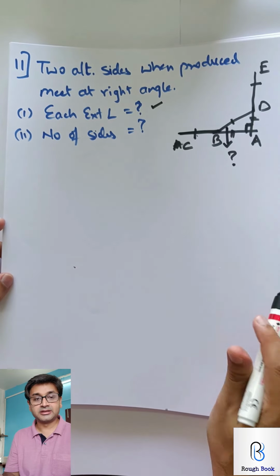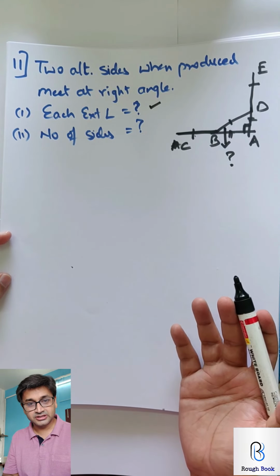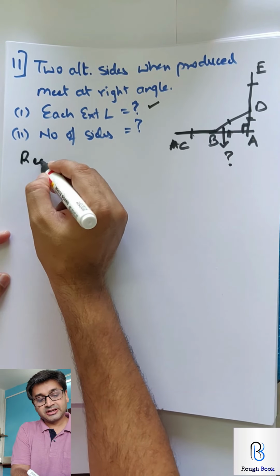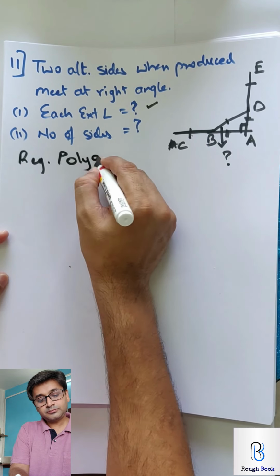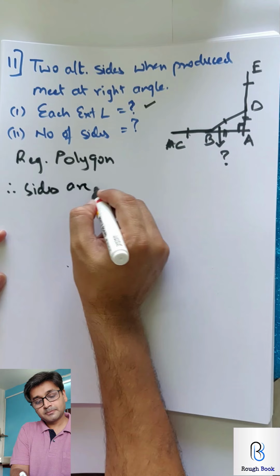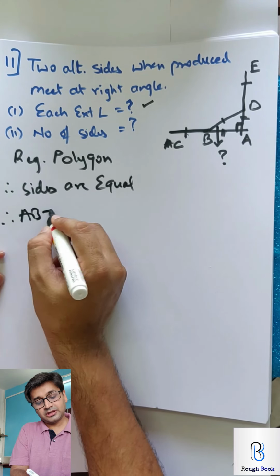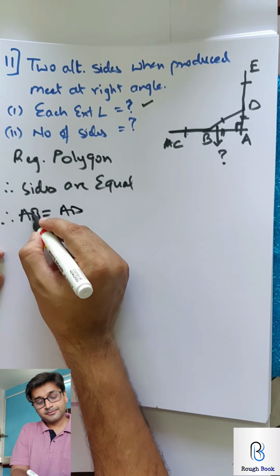So how are you going to get this? I already gave you the clue, these two are equal, so it becomes an isosceles triangle. So you first say regular polygon, therefore sides are equal, and then you say therefore directly AB equals AD.